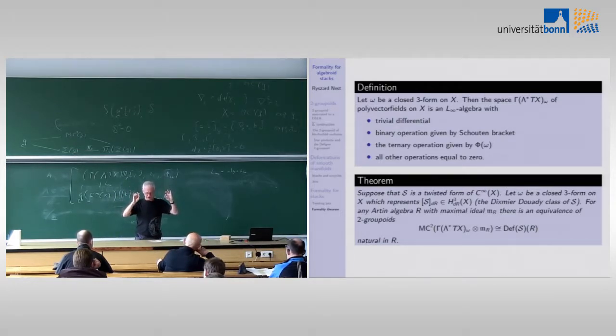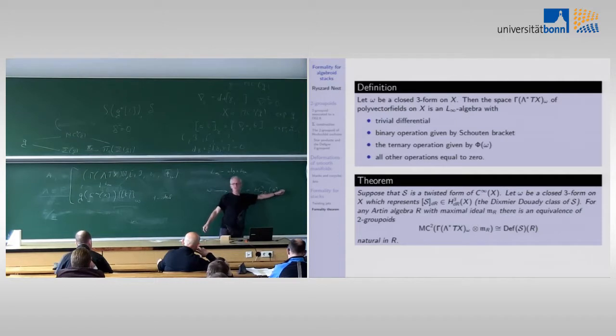We have a Zerb corresponding to the class, and via the boundary map, there will be a class in de Rham cohomology. So to this omega, we can associate a class in H3 de Rham of X. In general it's a class coming from H3 with coefficients in Z, but think of it as a cohomology class.